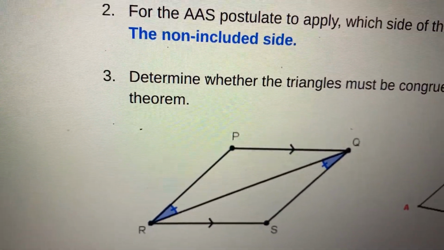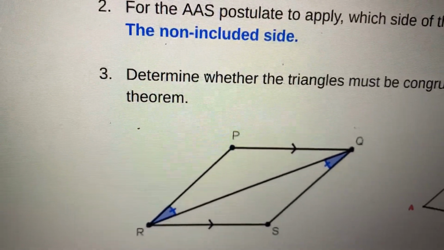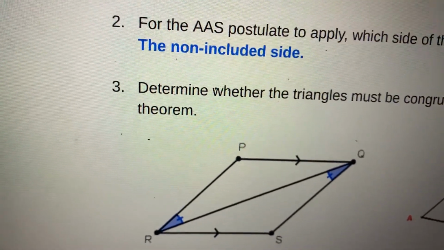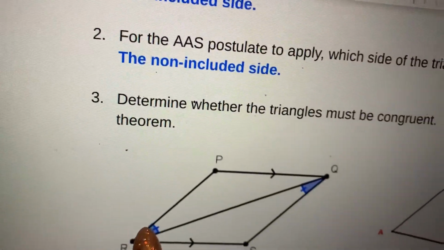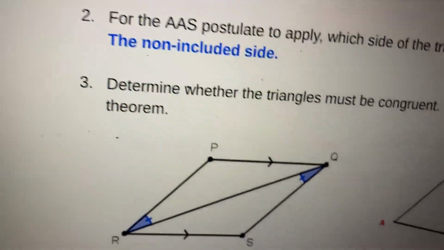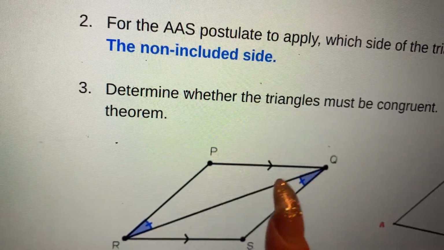That's not talking about the side. A side would just be like a line. That little symbol is talking about an angle. So we know that we have an angle here. We have an angle here. We have an angle here. And then we have an angle here and a side.